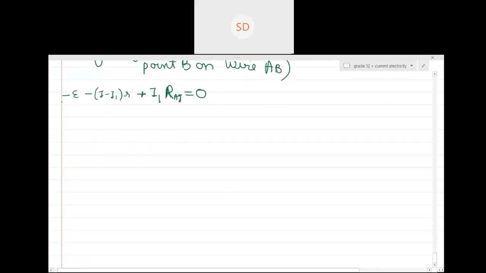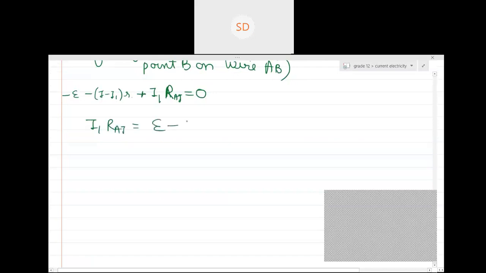So minus E minus I1 into R1 equal to this. Can I write I1 into RAJ is equal to E minus IR plus I1R? Yes or no?